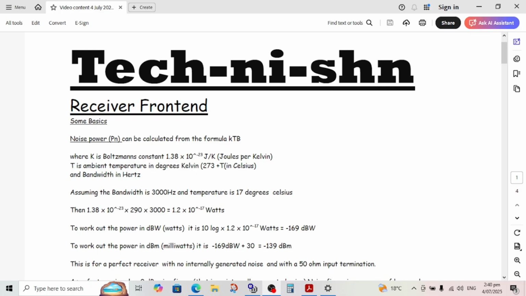In this case it calculates out to minus 139 dBm. In a perfect receiver then this would be the noise level that a 50 ohm termination would exhibit in the receiver.